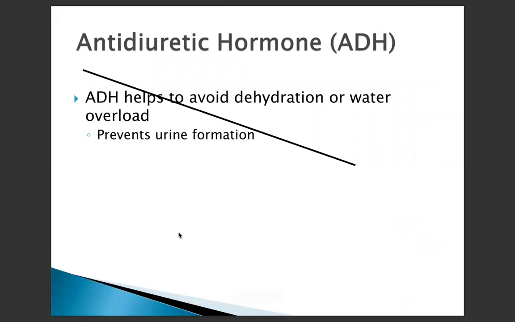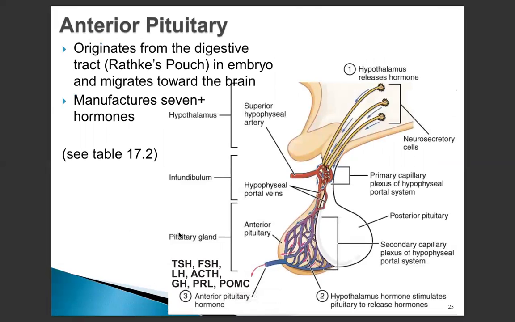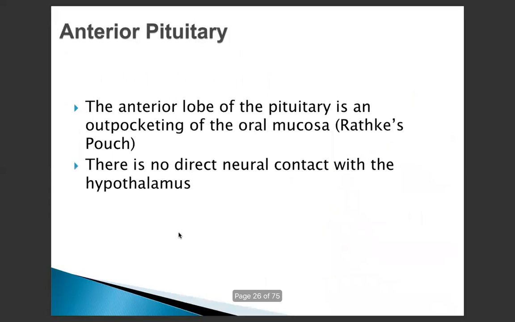Here we also have the anterior pituitary, which originates from the digestive tract in the embryo and migrates towards the brain. It manufactures about 7+ hormones. The anterior lobe of the pituitary is an outpocketing of oral mucosa.